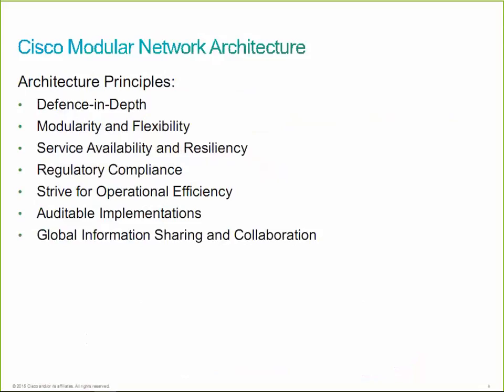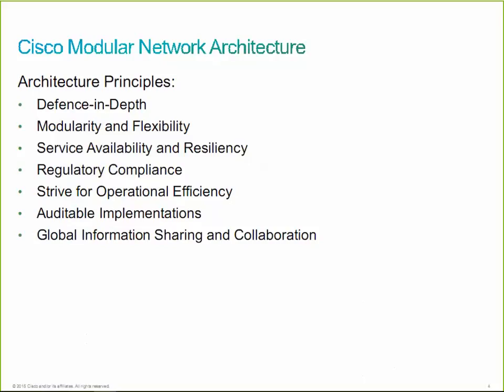Now, Cisco has a modular network architecture that they use to further extend this concept, right? The modular network architecture allows us to provide a defense in depth approach by positioning different Cisco products or capabilities throughout the network, and then using those collaborative capabilities between those platforms to establish an enterprise-wide security posture.